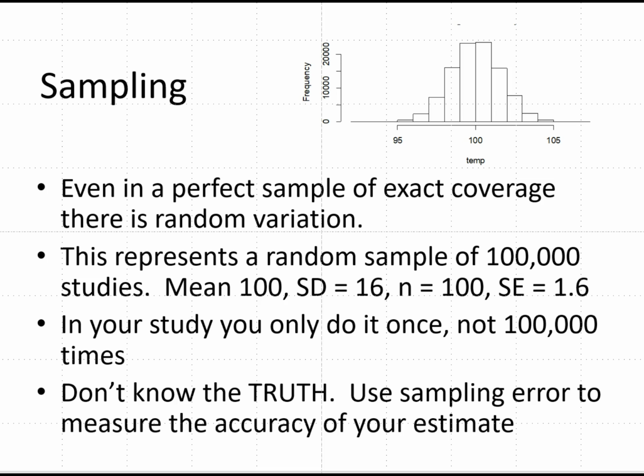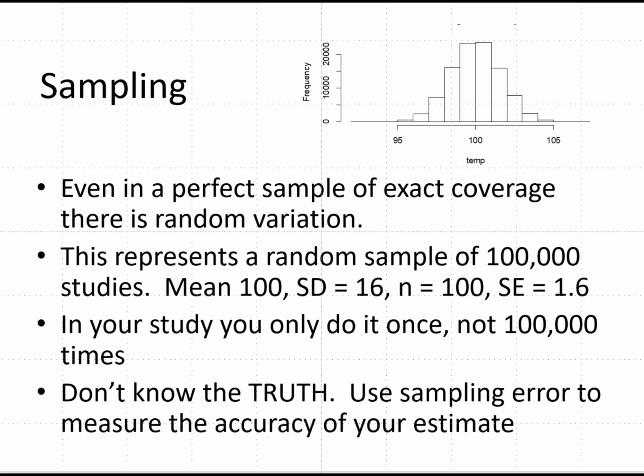The graph at the top of this slide shows that if you sample 100,000 times and the mean is 100 with a standard deviation of 16 and the sample size is 100 people, you're going to get random error around that point. Even though the truth is 100, when you do a study, you don't get the truth.